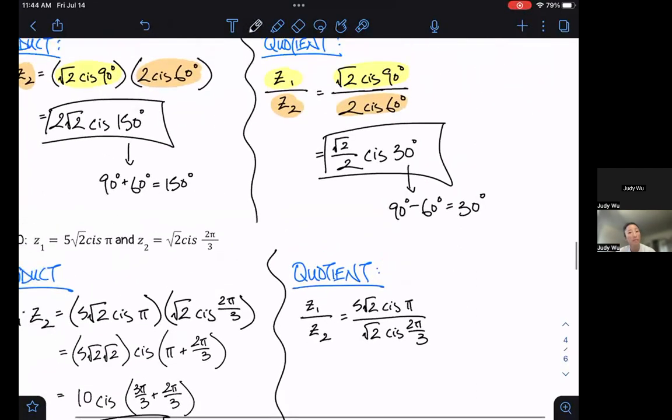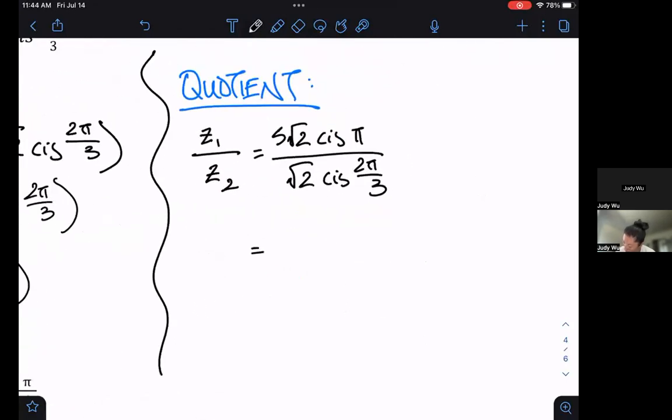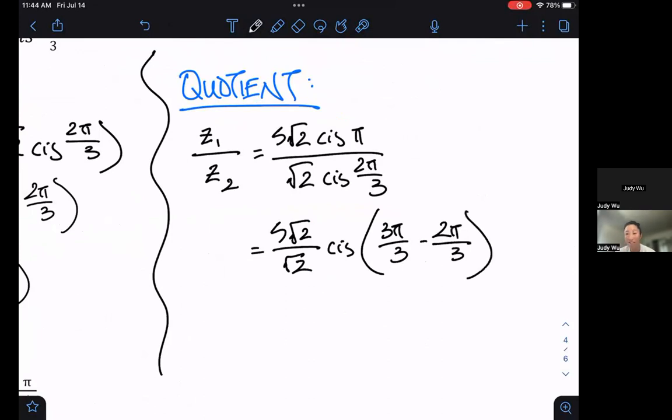And if we compare this to the example that we did before, we're going to divide our coefficients, our r's, but then we're going to subtract our angles. We're not dividing the angles, okay? So let's see what we get. We get 5 root 2 over root 2 cis. I'm going to go ahead and write this as 3 pi over 3 because when I'm subtracting fractions, I'm going to need a common denominator, right? But this 3 pi over 3 is really the same thing as saying pi.